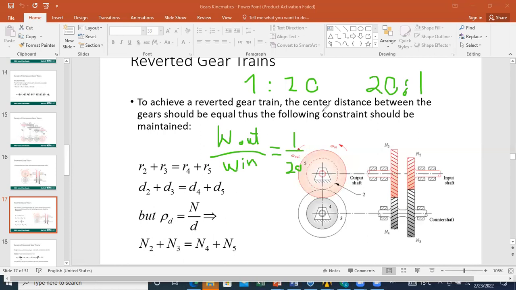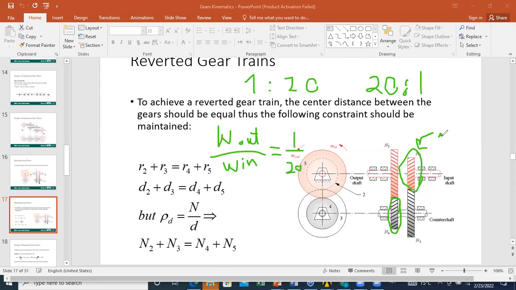If you want to reduce the output angular velocity, what do you do? You put the pinion as input and the gear as output, because you know that the pinion angular velocity is larger than the gear velocity. So whenever you want to decrease the angular velocity, your driver gears should be the inputs. Okay, so here this is your main pinion.